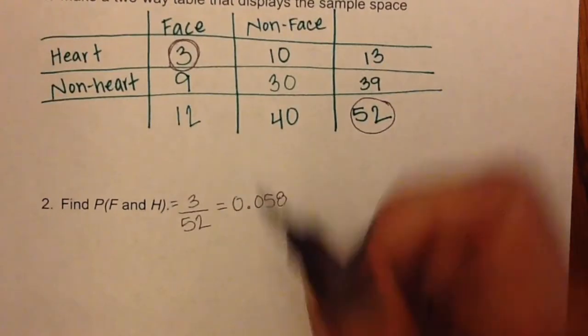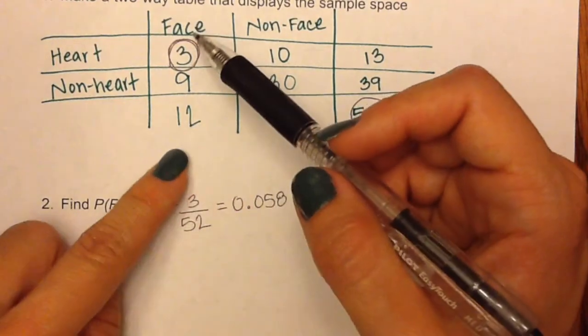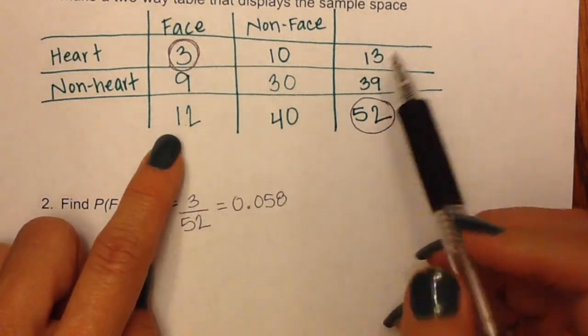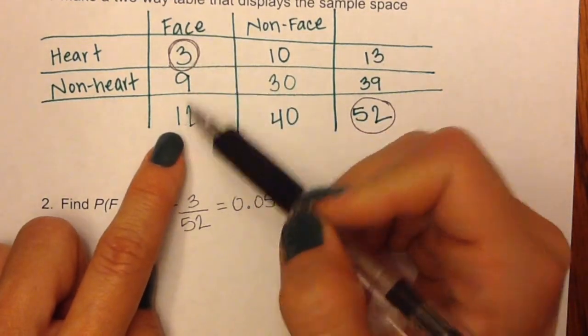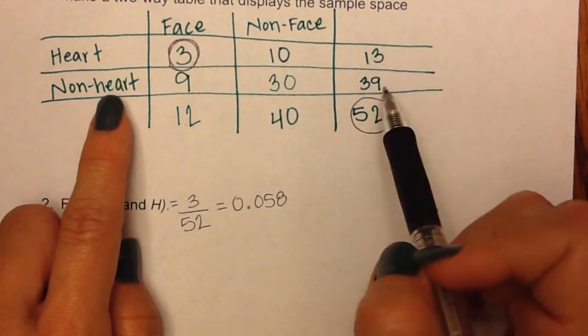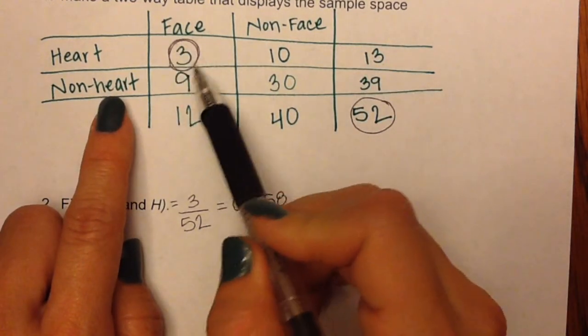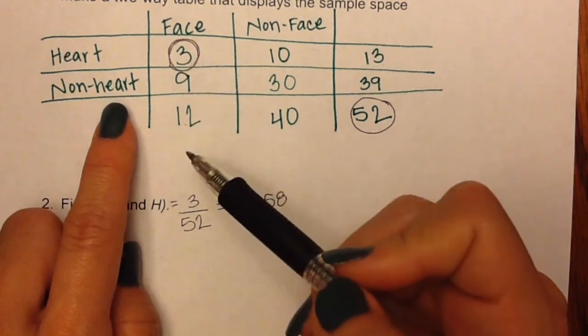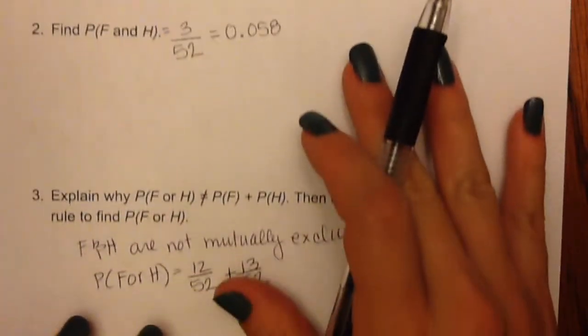And again, remember, if I had done the probability of F plus the probability of H and stopped there, I'd be adding these together and getting 12 out of 52, plus this and getting 13 out of 52, which means I just added this number twice. So now with my general rule, I'm going to take that out, so I'm not putting it in there twice.